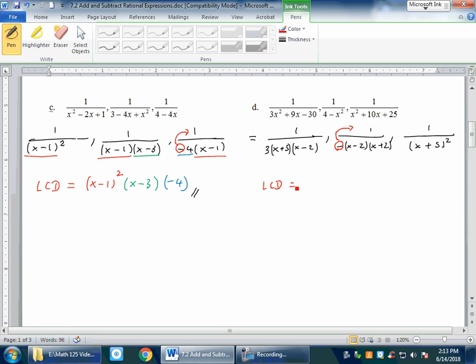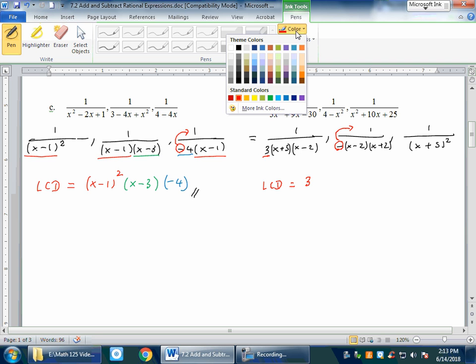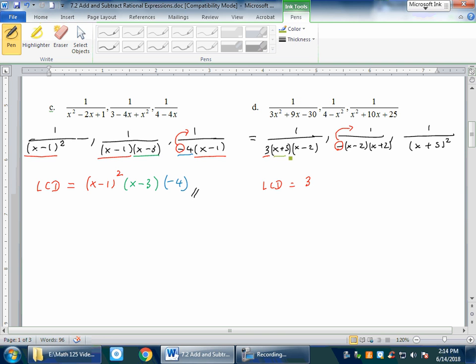When I look at it, 3 is the only factor that I have, so 3 will be part of my LCD. And then the next one, when I look at it, will be x plus 5, and I have x plus 5 squared. So according to the rule, I'm going to take the highest exponent, so it will be x plus 5 squared. Right?